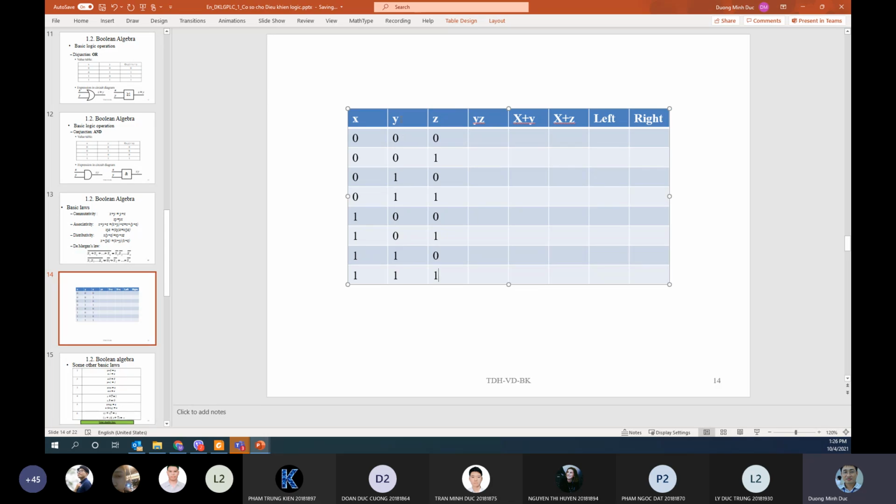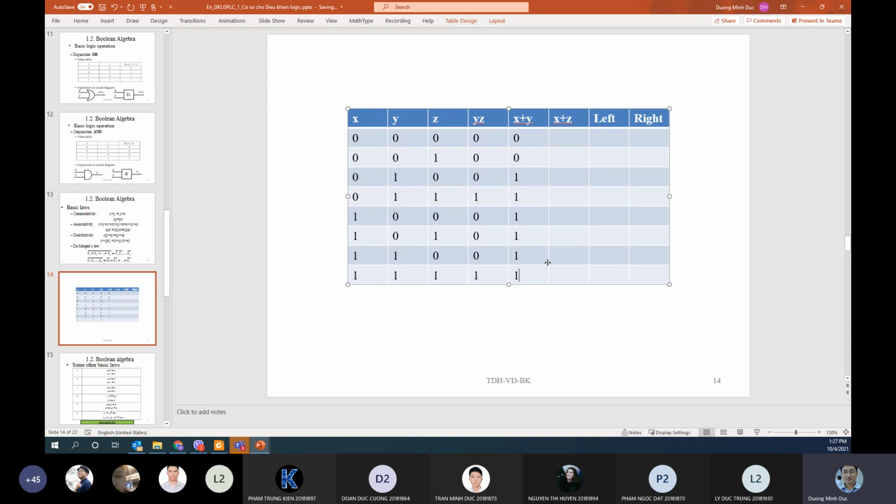And next is the conjunction. Y and z is 0, 0, 0, 1, again 0, 0, 0, 1. And next is x plus y: 0, 0, 1, 1, and 1, 1, 1, 1.